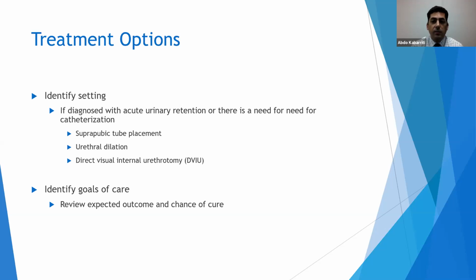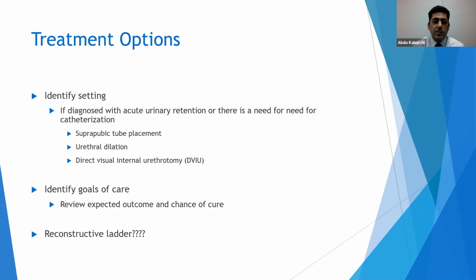So they have to go through a DVIU once every 6 months. To that patient, that may be considered a success. But a younger patient or a different patient may want to go for a cure, so a urethroplasty. So that is a very important conversation to have with the patient.